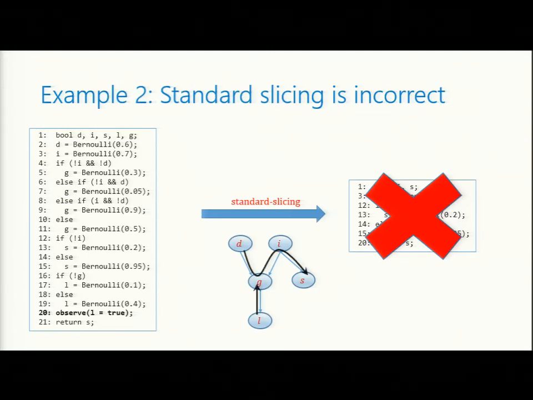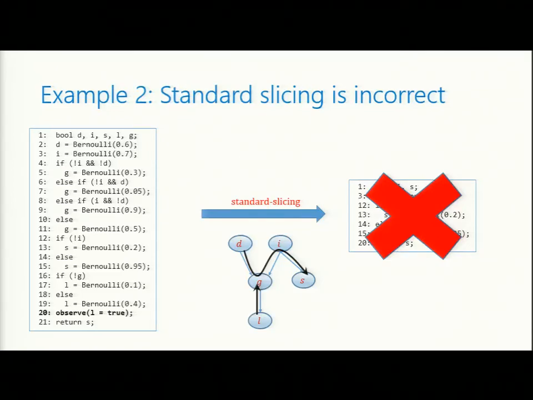Because L is observed to be equal to true, there's an indirect, implicit dependence on G. G depends on L, and because G depends on L, G also looks like it's observed, and there's a flow of information in this direction, which essentially seems to say that the slice for this program is the whole program, because this is saying that S depends on I, D, G and L.